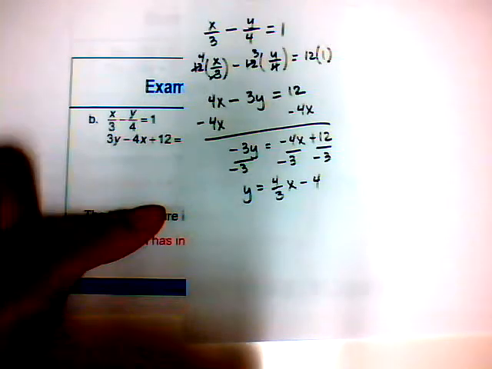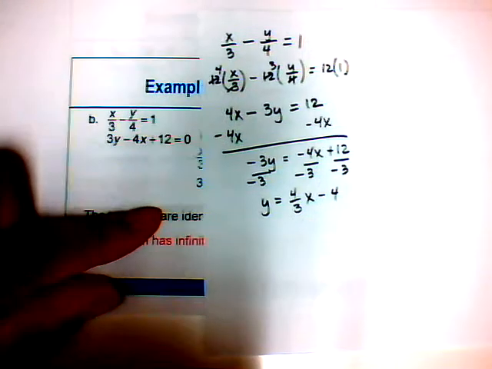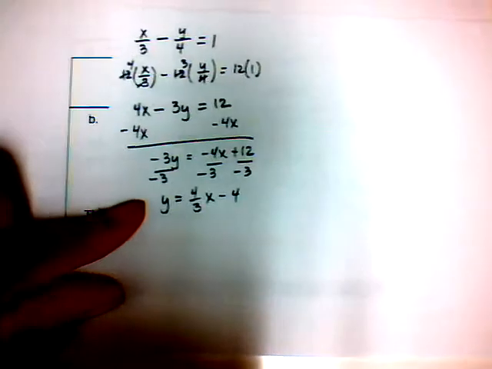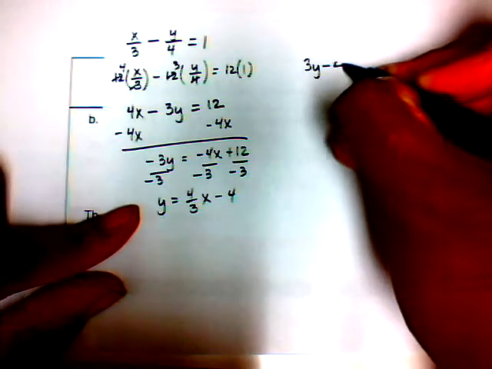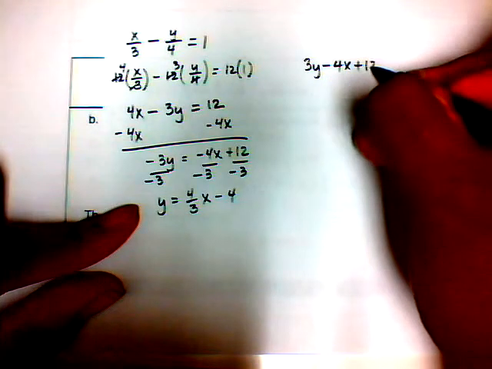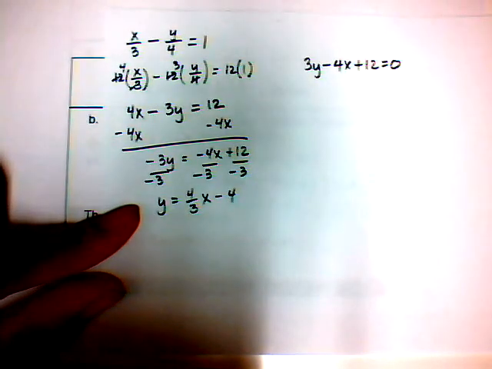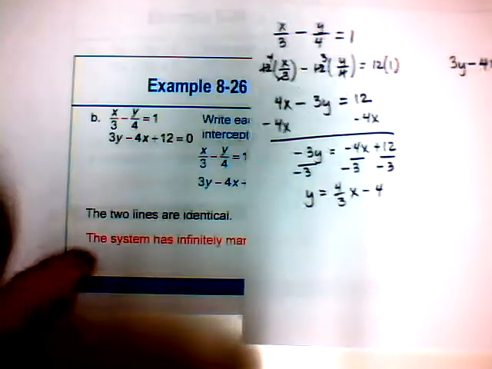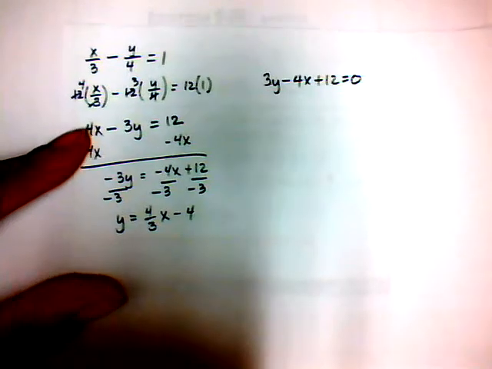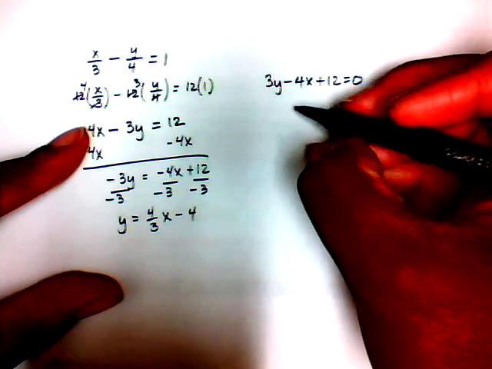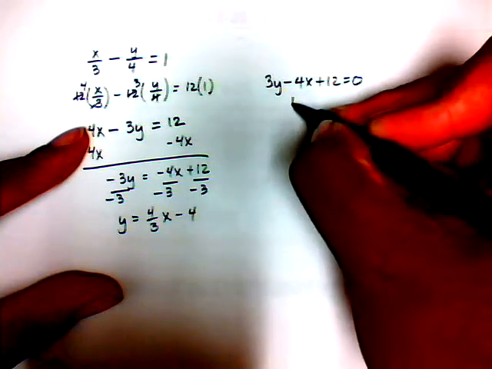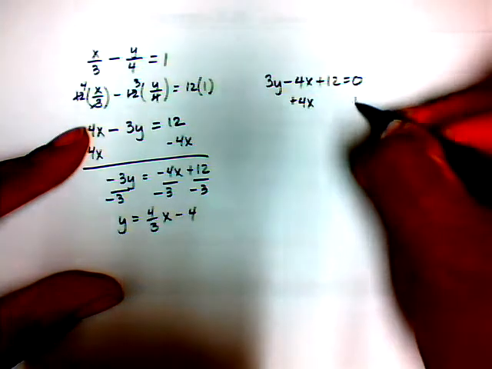Okay, the second equation, 3y minus 4x plus 12 equal to 0. Let me see if I copied that correctly. Yes. We want to get this 3y by itself. I'm going to add 4x to both sides.